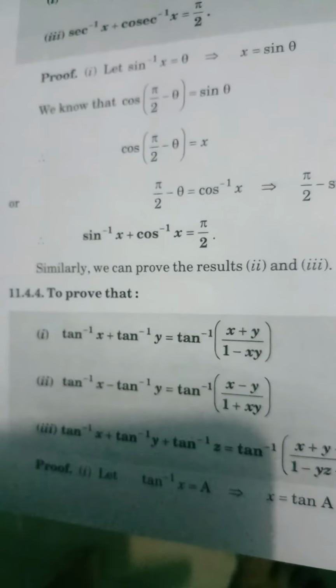Cos pi by 2 minus theta equal to x, or pi by 2 minus theta equal to cos inverse x implies pi by 2 minus sin inverse x equal to cos inverse x. Sin inverse x plus cos inverse x equal to pi by 2. Similarly, we can prove the second and third results.